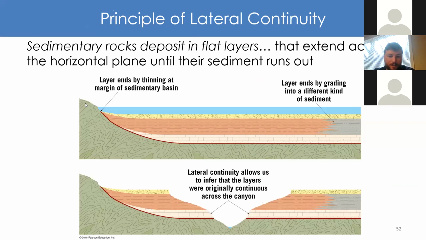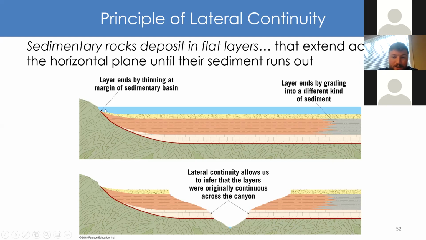All right, lateral continuity. Lateral continuity is just basically that anything that's deposited in that horizontal plane is going to continue to be deposited until there's no more sediment to deposit. So if you look at the image, you see that red, we'll call it clay.